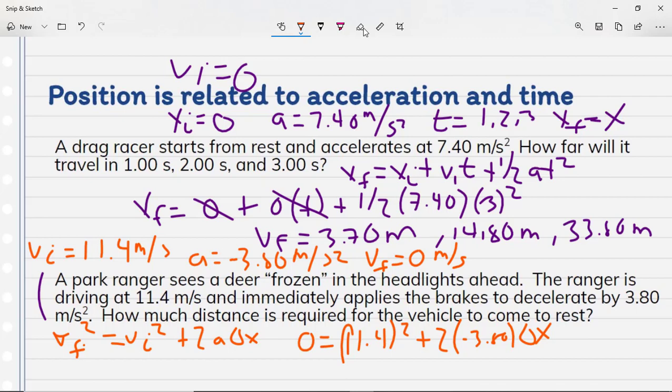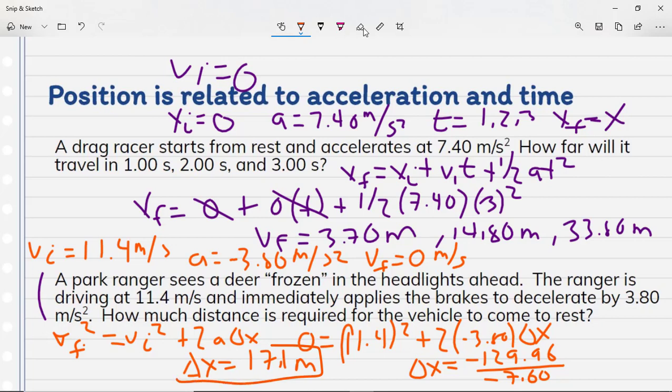Again, algebraically manipulate the equation. And what we get at the end is delta x, 17.1 meters.